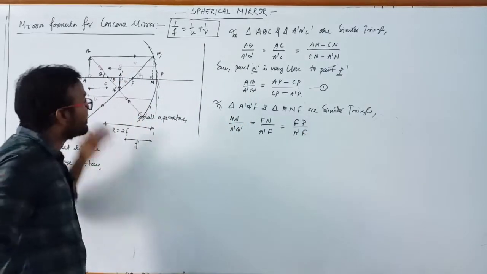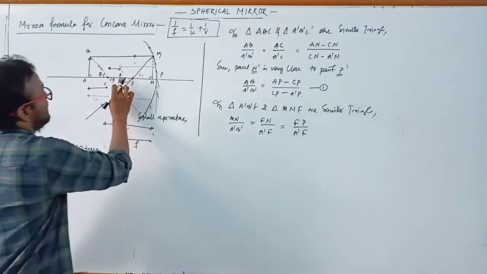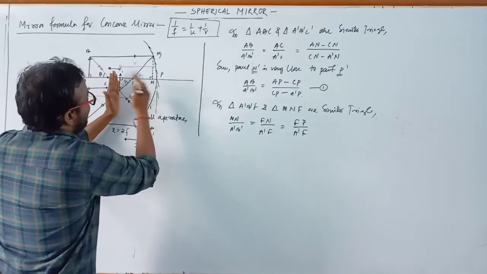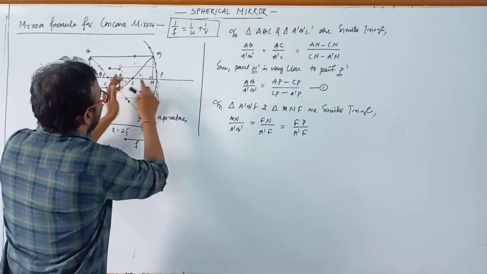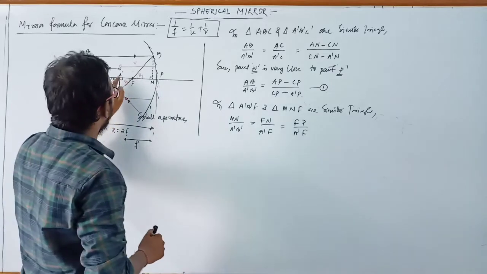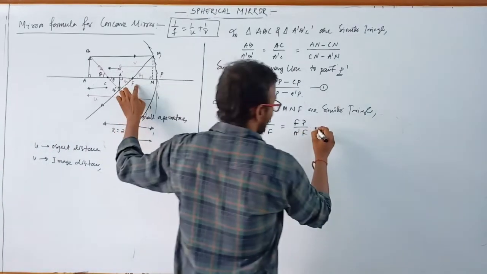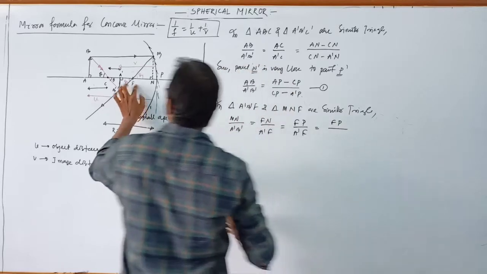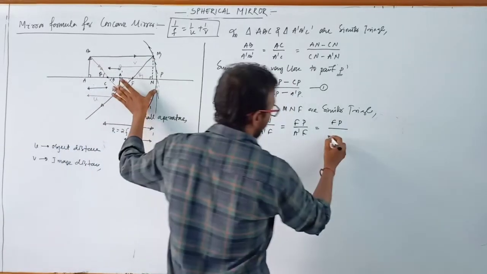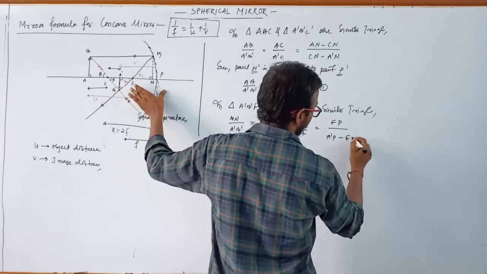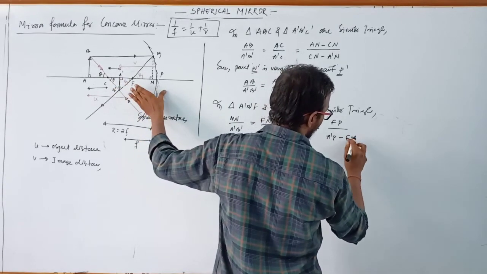But how can we find this A'F? First we have to find this distance, A'P. If we subtract FP, then we get this distance. So A'F is equal to A'P minus FP.